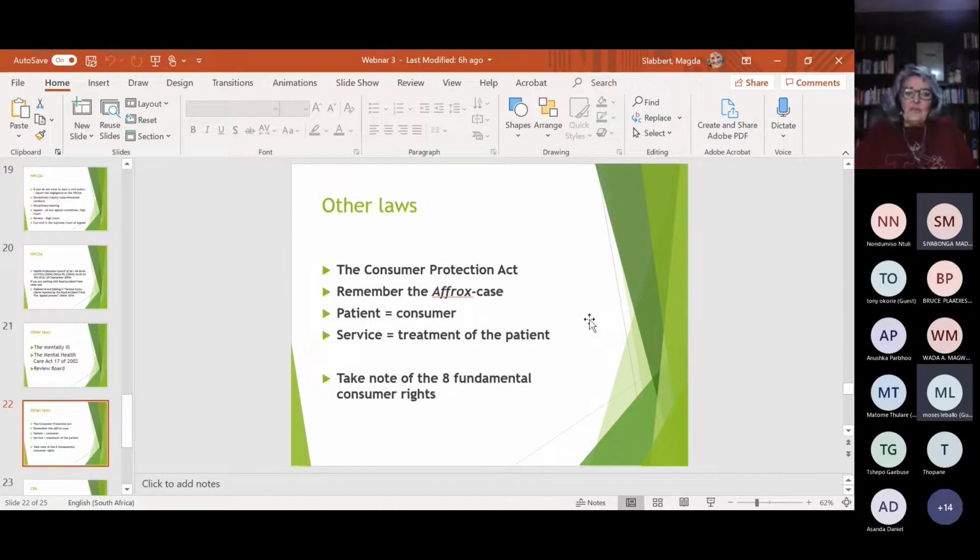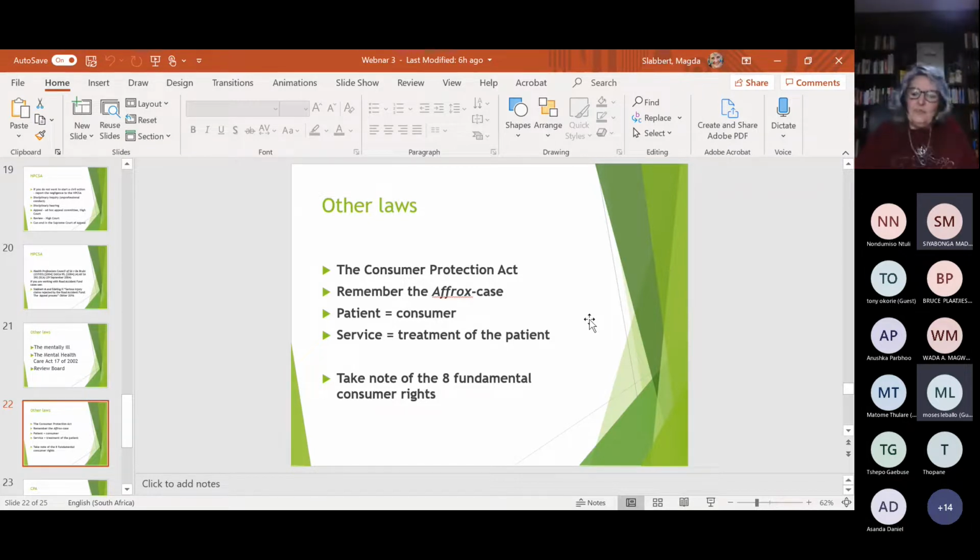Then lastly, I just want to mention the Consumer Protection Act. I haven't come across any medical negligence case yet that was fought on the basis of the Consumer Protection Act. But it is not impossible, because medical negligence or medical services per se are not excluded from the Act, therefore they are included.